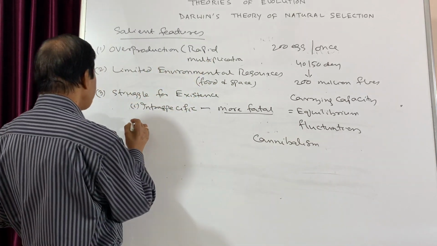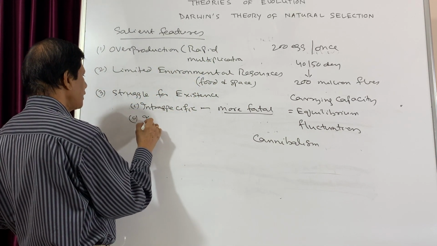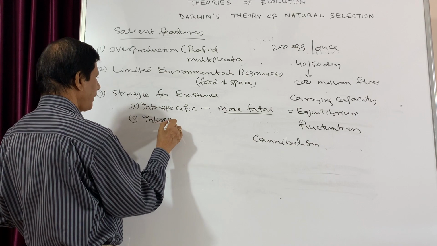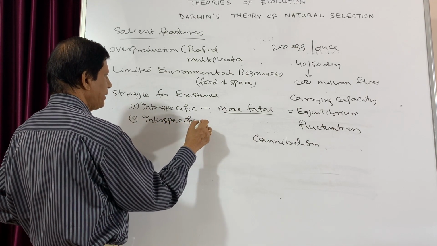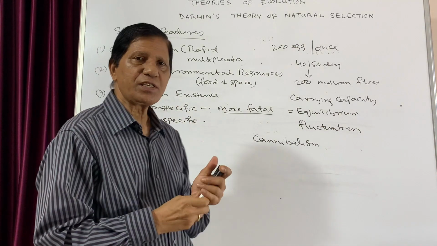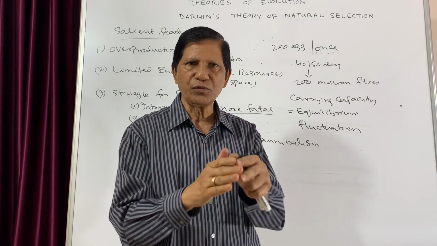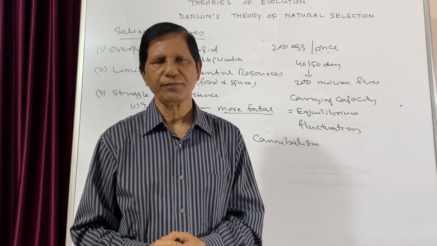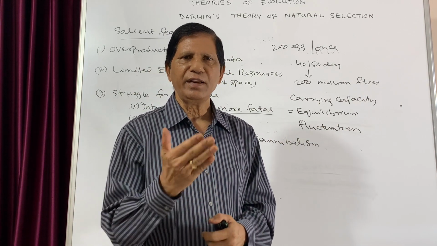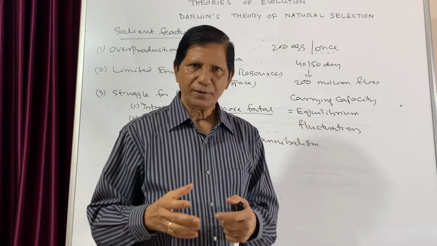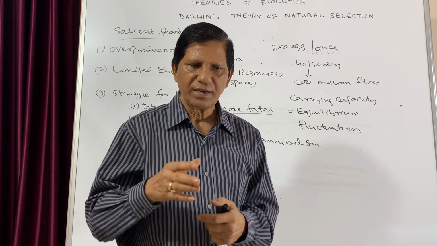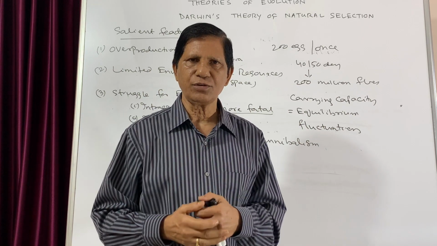Similarly, take the case of interspecific struggle. Interspecific struggle means the struggle between two different species. For example, in a forest, a tiger is running after a deer to catch it.